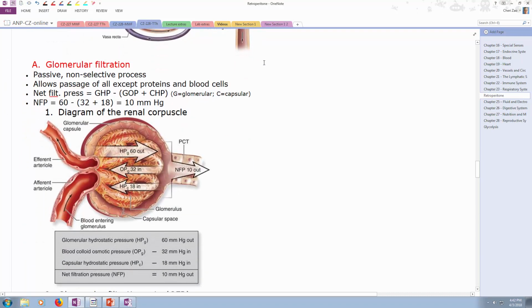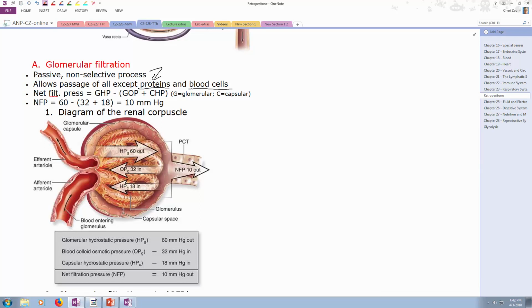Interestingly, glomerular filtration is passive and a non-selective process. Passive means no ATPs required, and non-selective means everything but the kitchen sink is going to go into the filtrate. What that non-selective process means, everything goes in except our proteins and cells of the blood: red blood cells, white blood cells, and platelets.